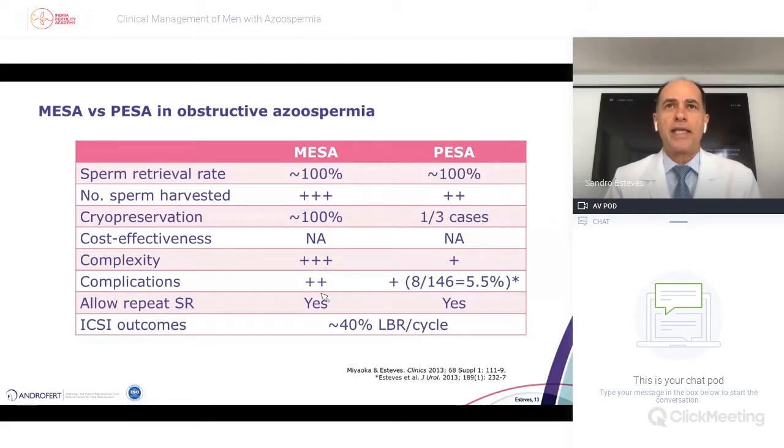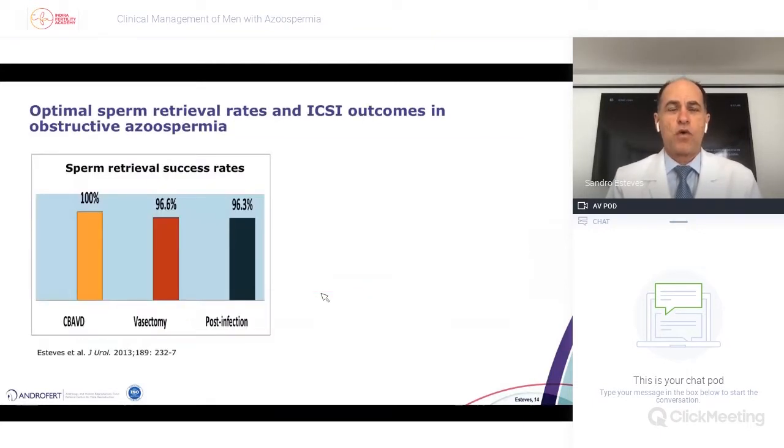We can compare rates of sperm DNA fragmentation between epididymis and testicular specimens, and then in the ICSI cycle, we can choose the best specimen to use for ICSI.